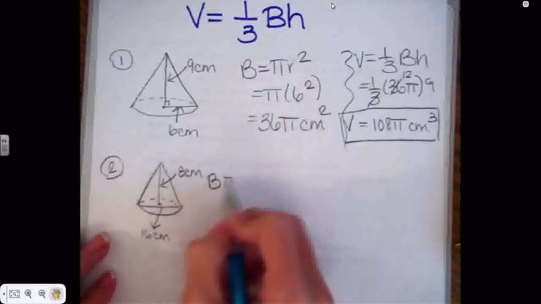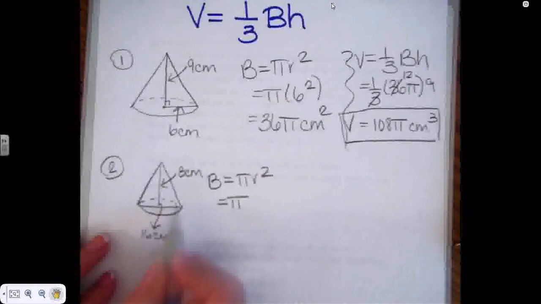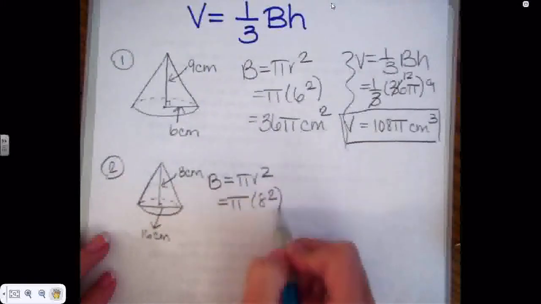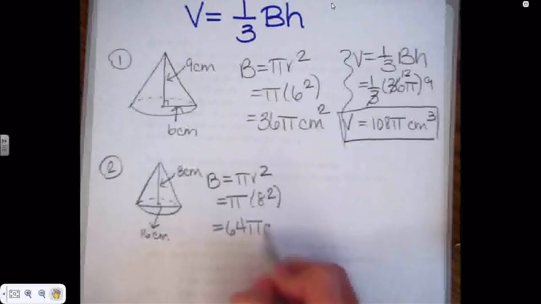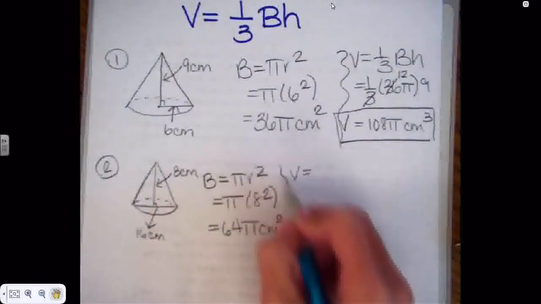Again, first find the area of my base. The diameter is 16, which means the radius is 8, because radius is half the diameter. So this gives me 64 pi centimeters squared. Now plug it in to find the volume.